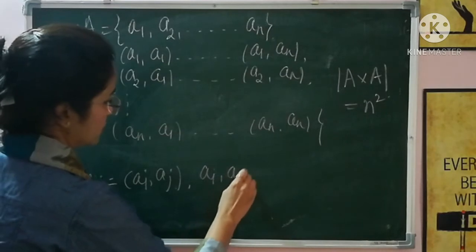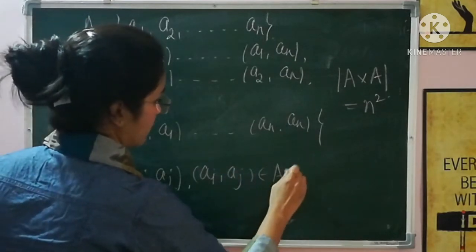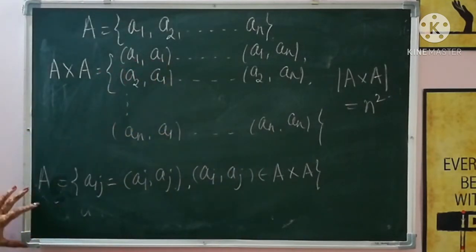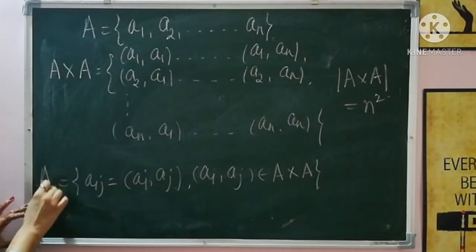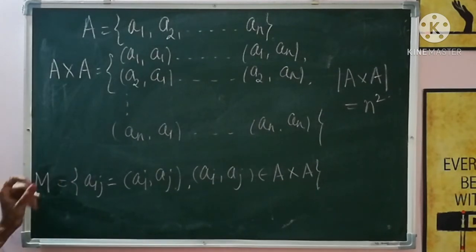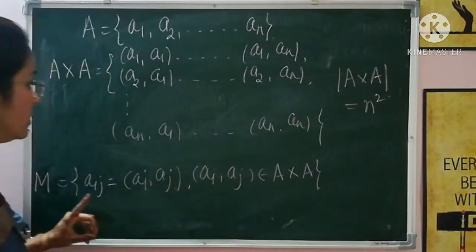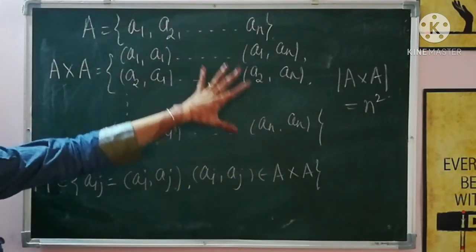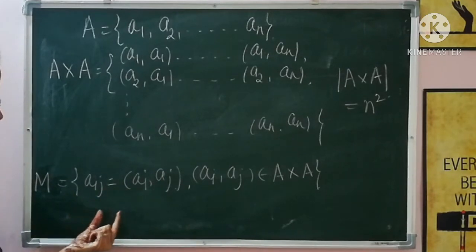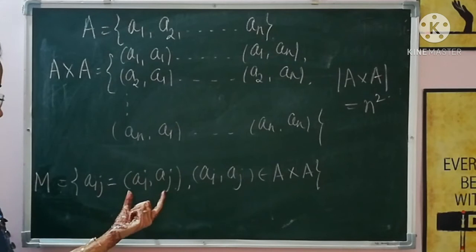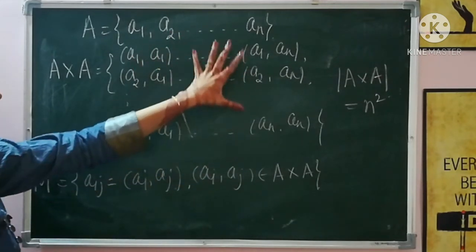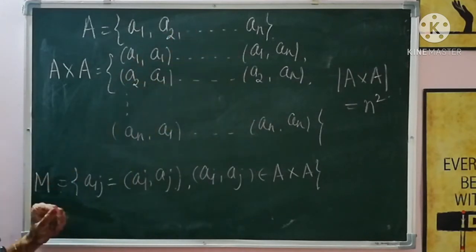This pair belongs to the Cartesian product A cross A, right? I can easily represent this. Don't be confused by the symbol of the matrix; let us just say this as n. So this is the matrix that we are going to make with all the elements of A cross A, by writing the ijth component of the matrix as the pair Ai comma Aj.